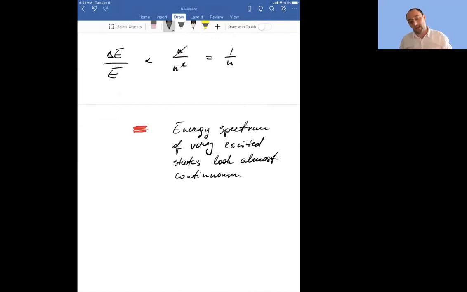And what does that mean? What's the physical significance of that? It says that while for low-lying energy levels, low-lying states, energy is discrete, in contrast to classical, where it's continuous, the highly excited states behave kind of pseudo-classically.